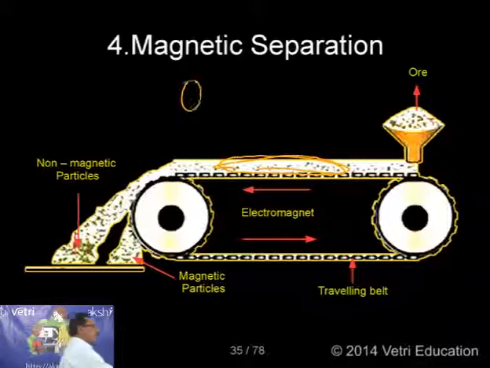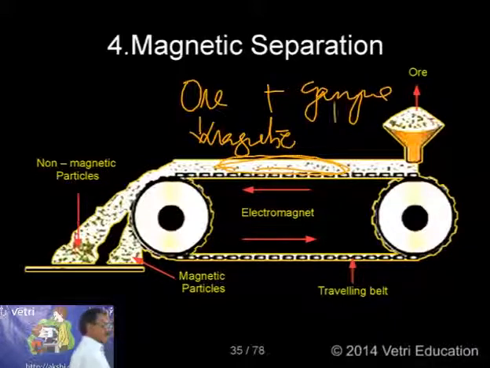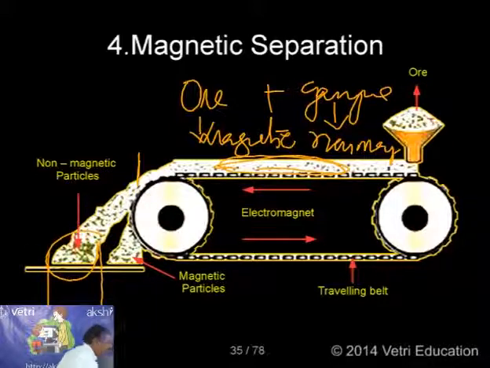Let us assume the ore is magnetic and the gangue is non-magnetic. So what will happen now? When it is moving up to this stage, when it is horizontal, no problem. When it is now going vertical, the non-magnetic material will be thrown away from the belt.